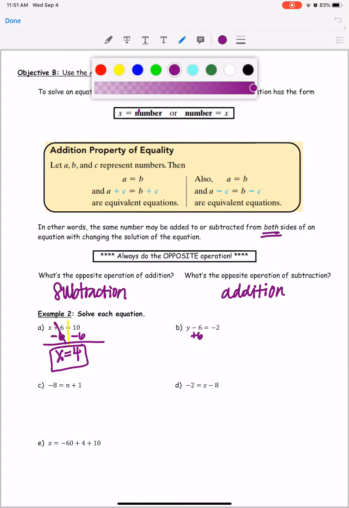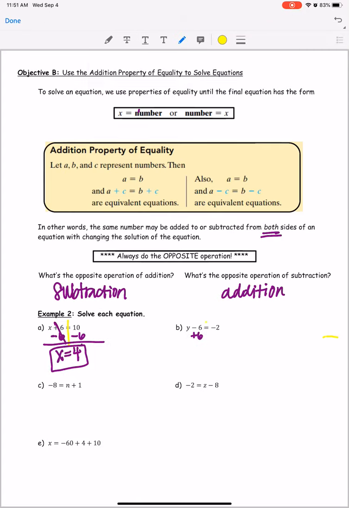but what I do to one side of my equation, I must do to the other side. So if I am adding 6 to the left, that means I've got to add 6 over here to the right. So now, negative 6 plus 6 is 0.